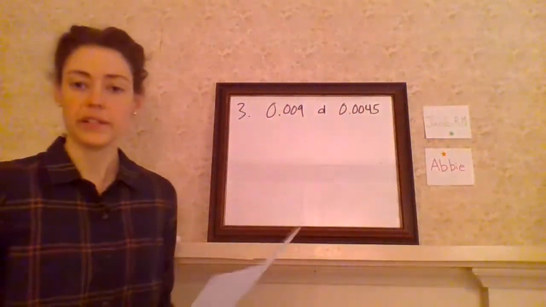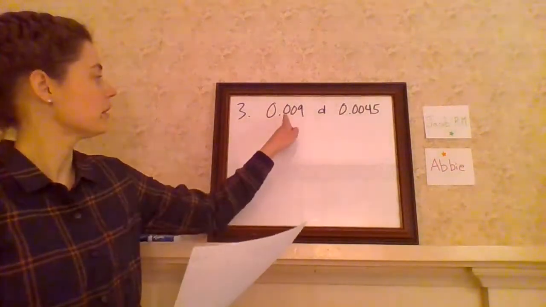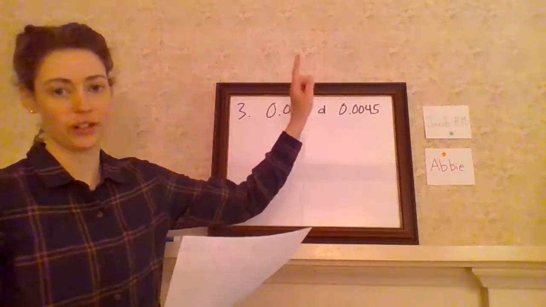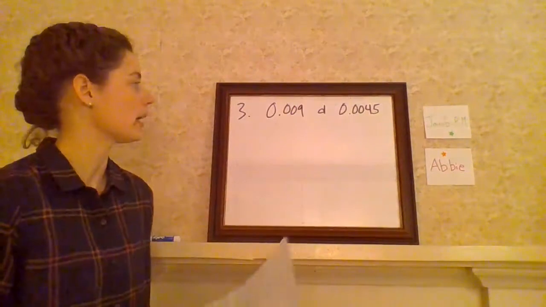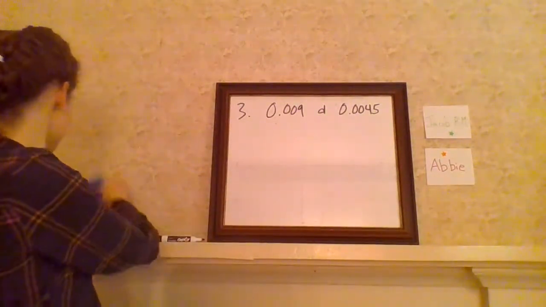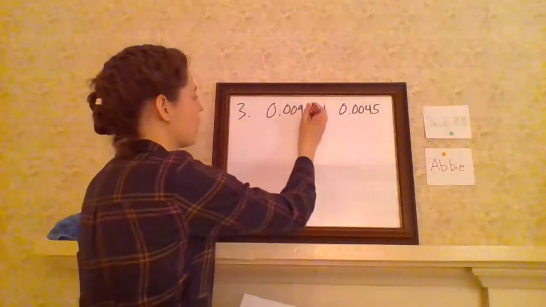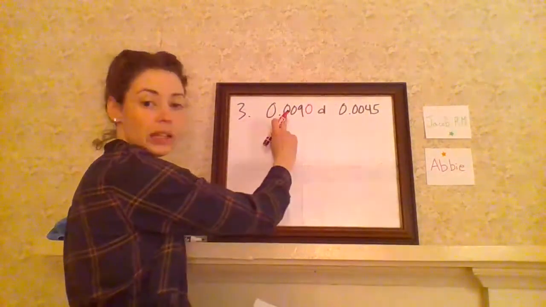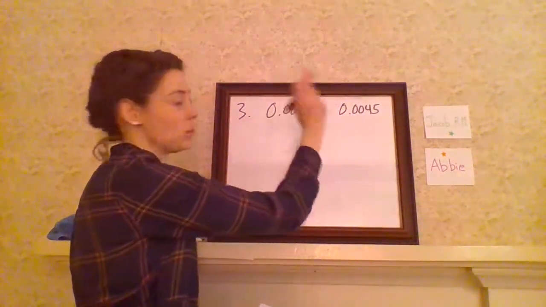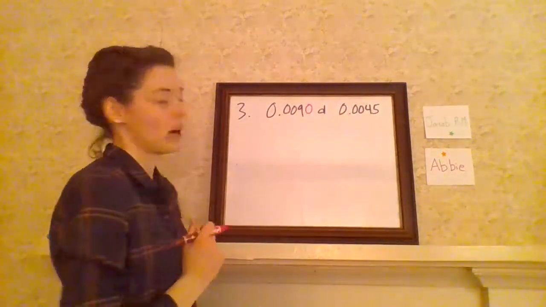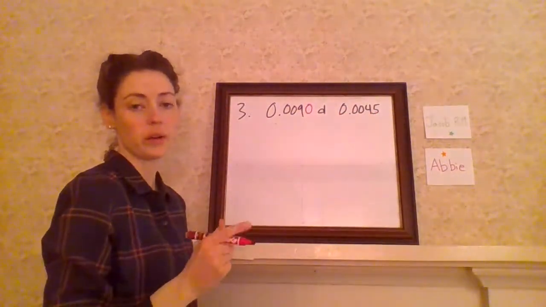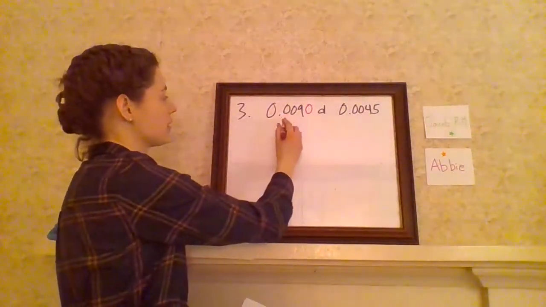These have different numbers of digits after the decimal place, so that's one way we'll try it, and we'll also try it by putting them over a common denominator. Let's pop this 0 in here so that this one has 4 digits after the decimal and this one has 4 digits. Now I think you can probably tell right away which one's larger, but let's put these over a denominator.